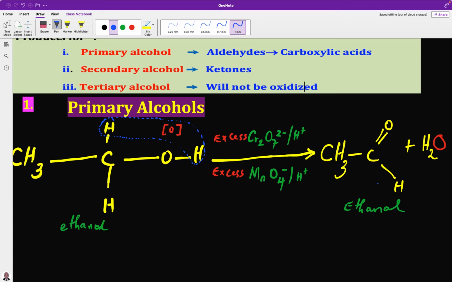But if it is not distilled immediately, this product is further oxidized to the corresponding carboxylic acid, which is ethanoic acid.